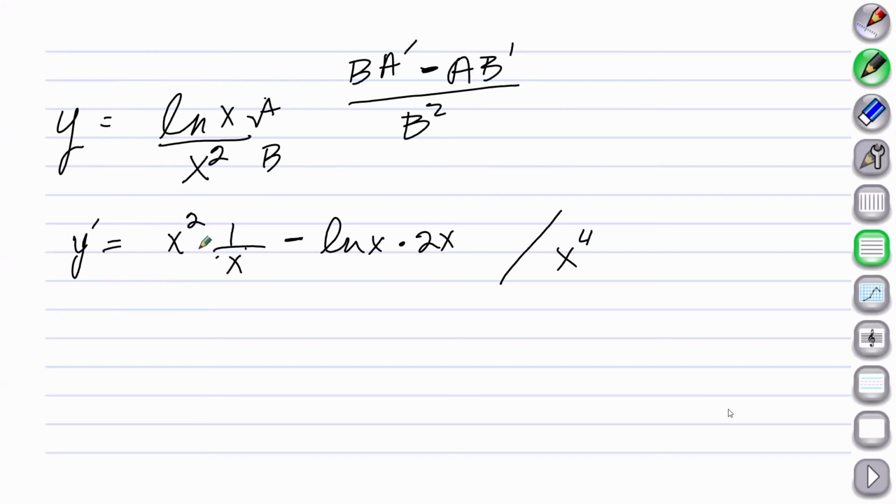So this is going to become, you can see these are going to cancel. y prime is x minus 2x ln x, rather than rearranging it, over x to the 4th.